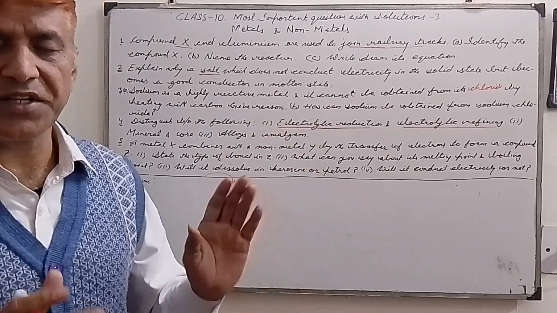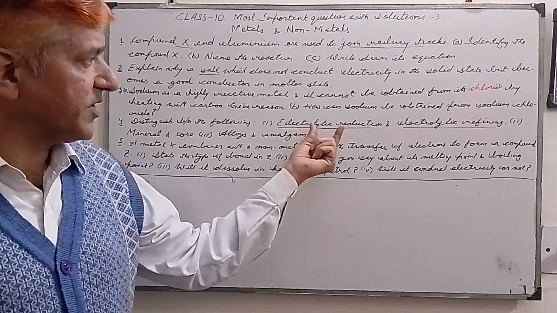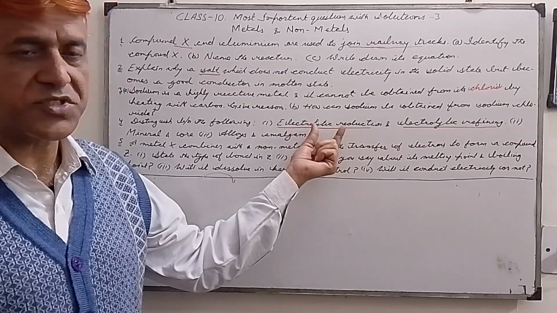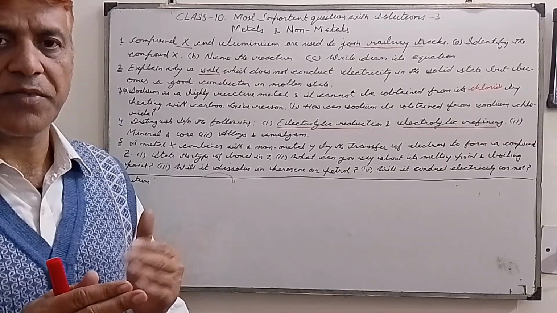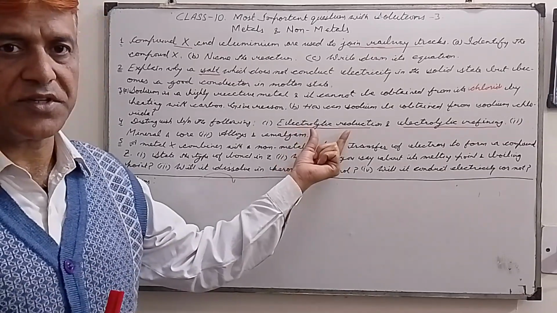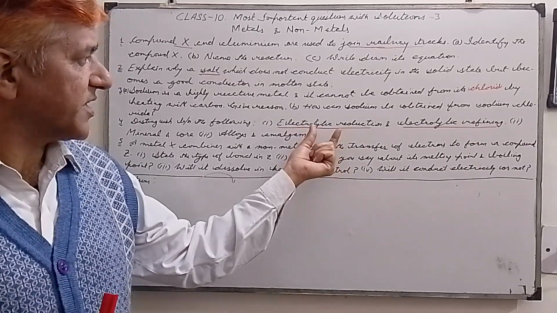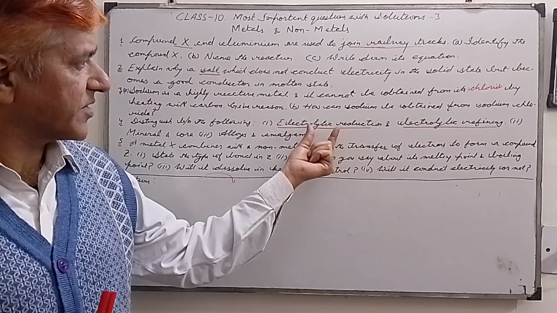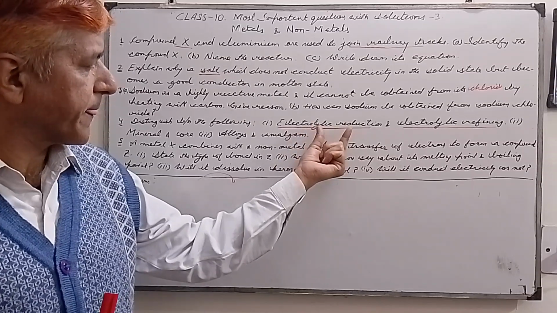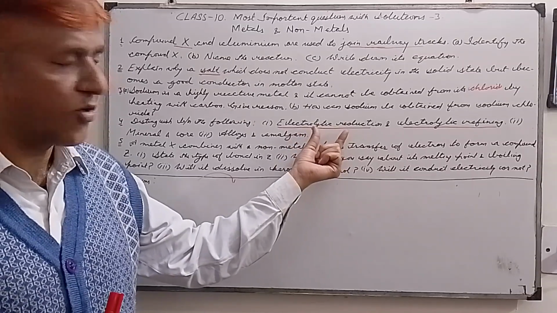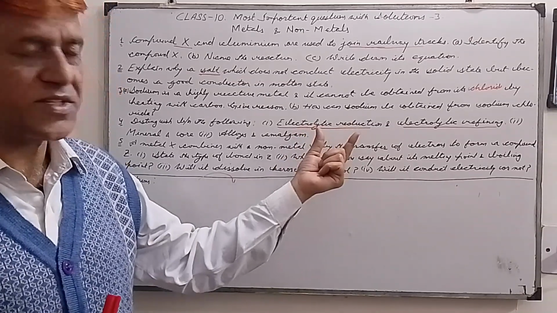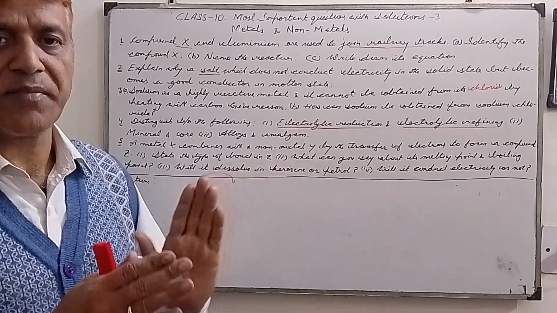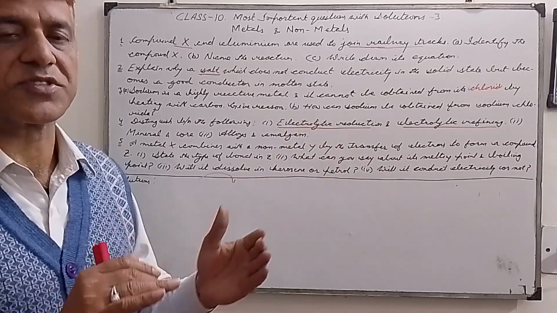They are highly reactive, so they cannot be reduced or extracted by heating or by using carbon reducing agent. So they are extracted by electrolytic reduction. So electrolytic reduction is a process which is used to extract metals from their compounds.